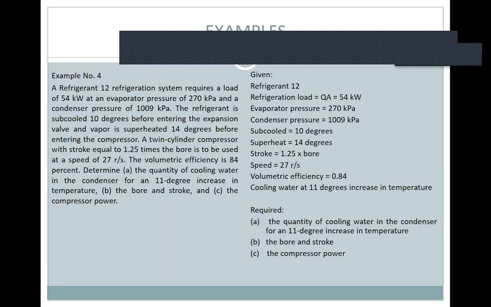So example number 4. A refrigerant 12 refrigeration system requires a load of 54 kilowatts at an evaporating pressure of 270 kilopascal and a condenser pressure of 1009 kilopascal. The refrigerant is subcooled 10 degrees before entering the expansion valve, and vapor is superheated 14 degrees before entering the compressor.